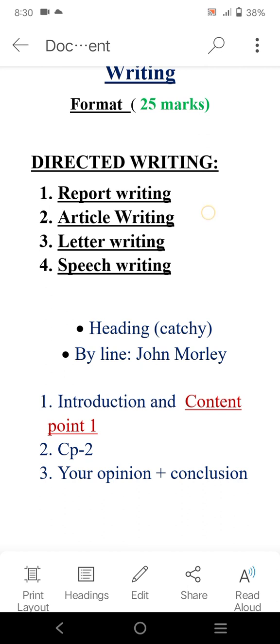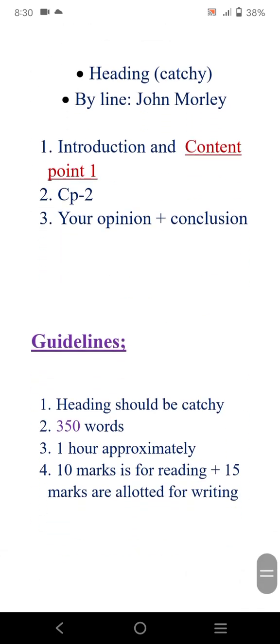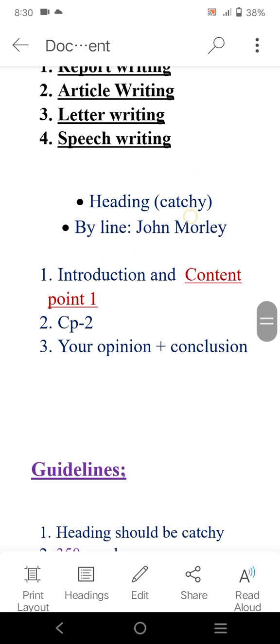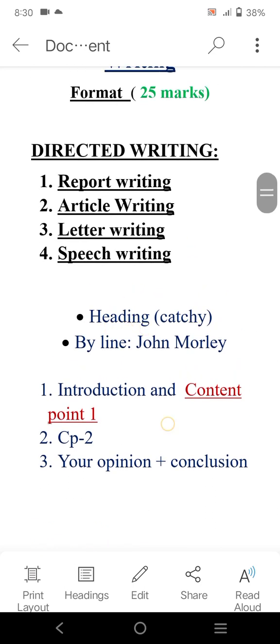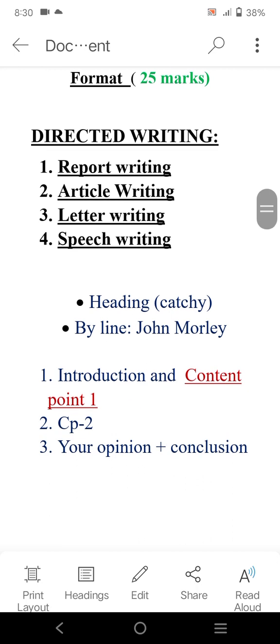The format begins with the heading. First of all, the heading should be catchy, which means it should attract the checker.